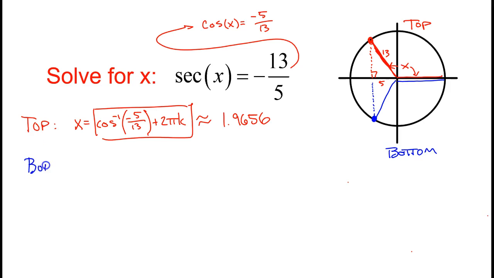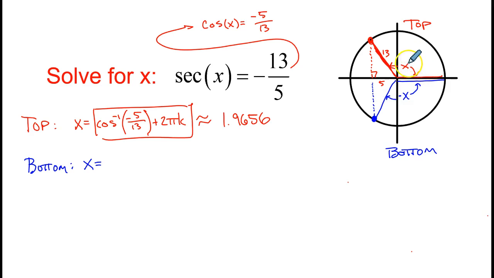So now I have to think about the geometry between these two x's. The top x is here. We could think of this as a positive angle. The bottom x down here is just a reflection across the x-axis. So this really is just the opposite of x. It's symmetric to the original x on top.